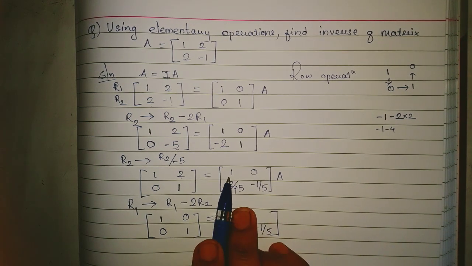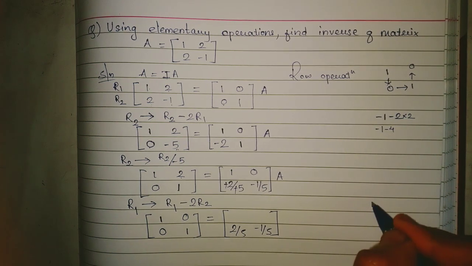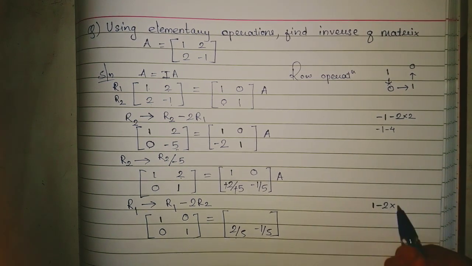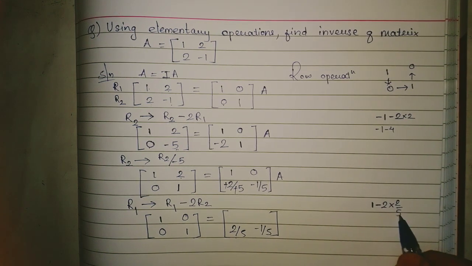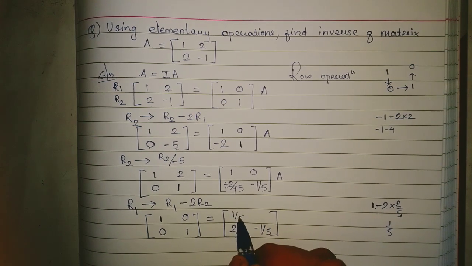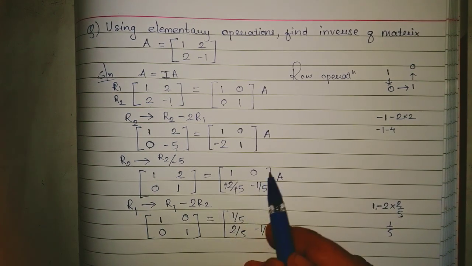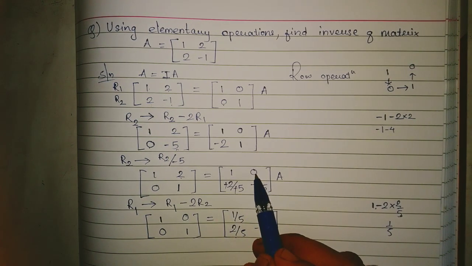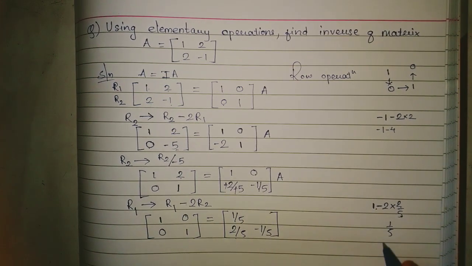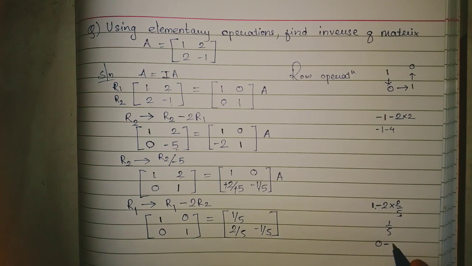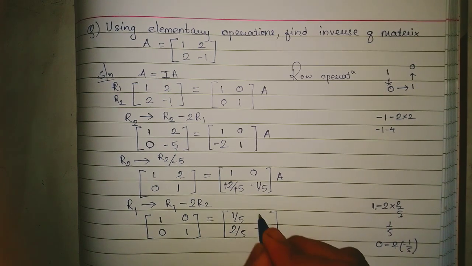Now here R1 is 1. 1 minus 2 into R2 is 2 by 5, which is 4 by 5. So 5 minus 4, it will be 1 by 5. For R1, 0 minus 2 into minus 1 by 5. So this becomes plus 2 by 5.